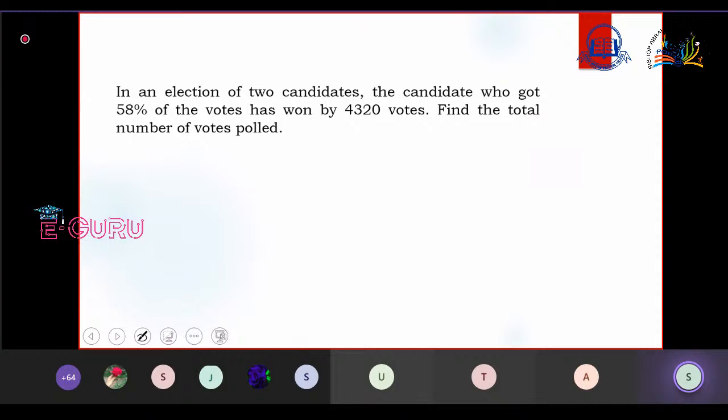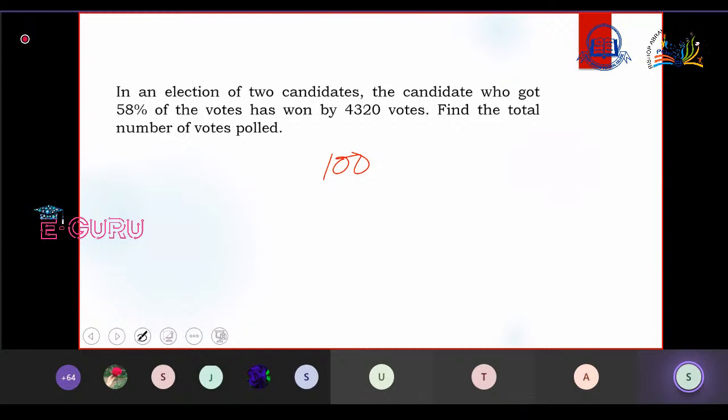Another type. In an election of two candidates, the candidate who got 58% of the votes has won by 4,320 votes. Find the total number of votes polled. So here again we will take the total votes as 100. Since two candidates are there, these two candidates' votes together will become the total vote, right?